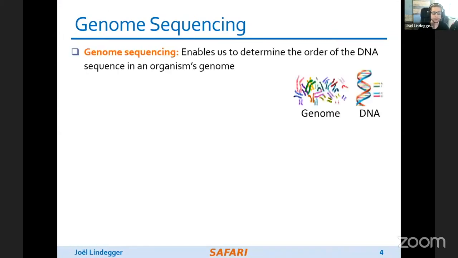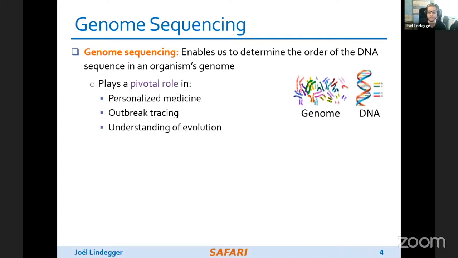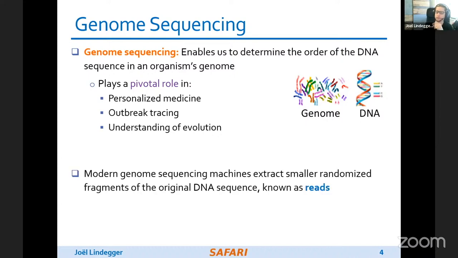So recall that in genome sequencing, we determine the DNA in an organism's genome, and this plays a pivotal role in multiple applications such as personalized medicine, outbreak tracing, and the understanding of evolution. Modern sequencing machines extract only small randomized fragments of the genome.